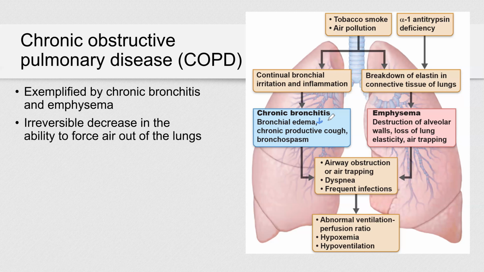Bronchial edema is accumulation of fluid. So if you have bronchitis, if you have inflammation, it will cause edema, cough, bronchospasm, right? And as a result, you will have dyspnea, so hard time breathing, frequent infections, again, air trapping that will cause abnormal ventilation perfusion ratio.